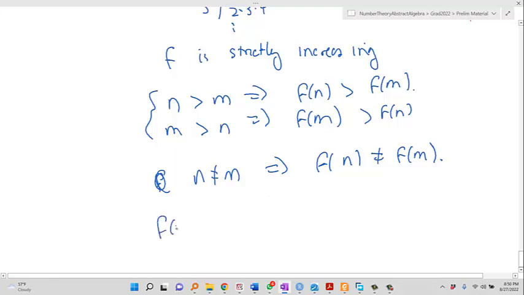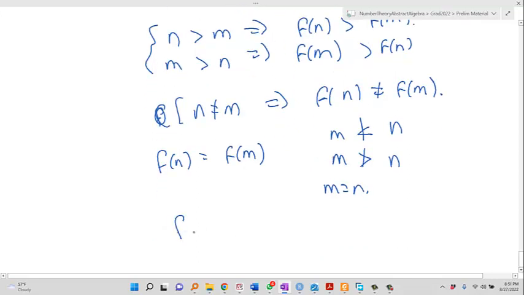On the other hand, if f of n is equal to f of m, then it's not possible for n to be unequal to m, because m is not greater than n and m is not less than n. So that means that m equals n. This statement is actually the contrapositive of the other one. Therefore, f is one-to-one.